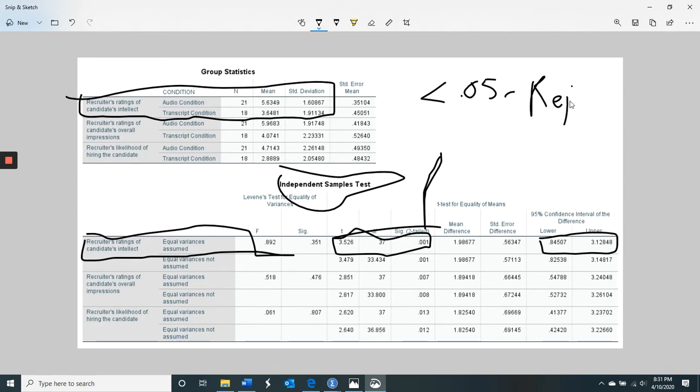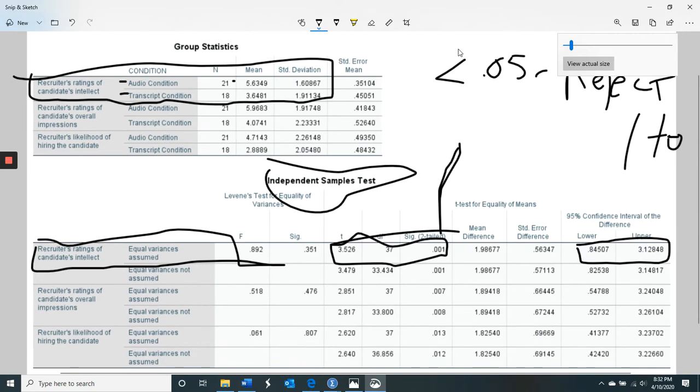So the T tells us there is a difference between those two groups of audio versus transcript. And if we're not sure where the difference is, let's look at the means here. So audio has a mean of 5.64 if we round up, and transcript has a mean of 3.65.